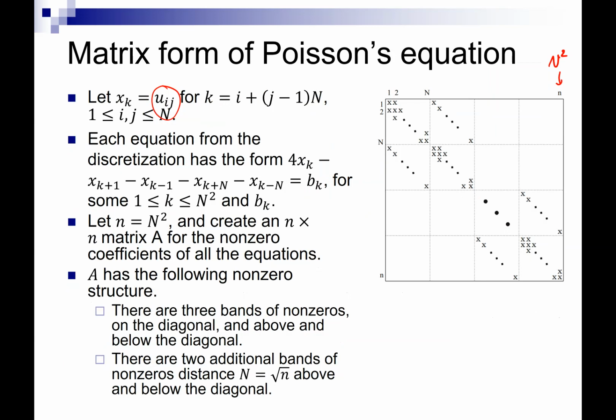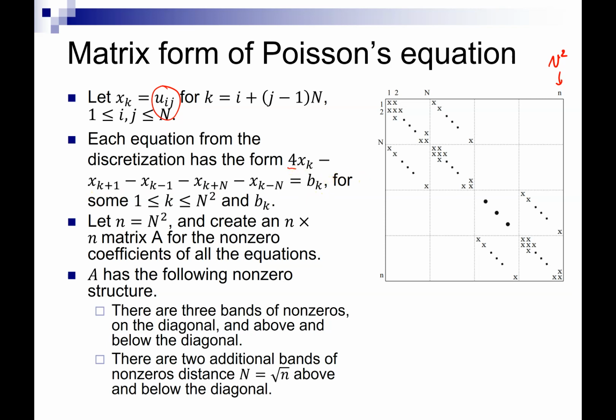Okay, so we have these equations, and now we're trying to solve them. Let's first look at where the non-zero values in this equation are. As I said, for each value of k we have only 5 non-zeros.